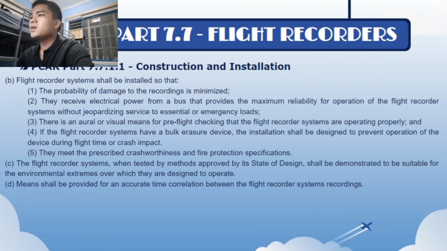In addition, in PCAR Part 7.7.1.1, correct construction and installation is important. It must be installed to reduce the probability of damage to the flight recorder in case an accident happens, and to receive maximum power from the bus.